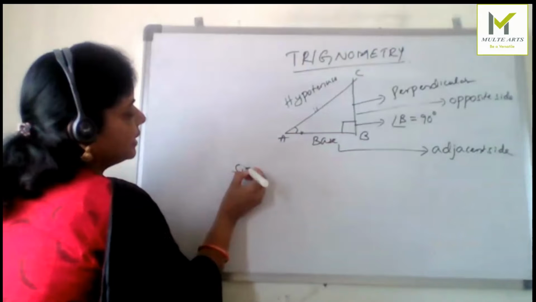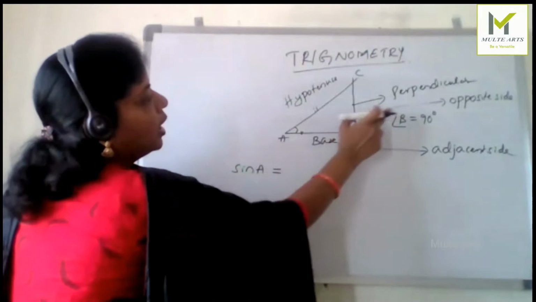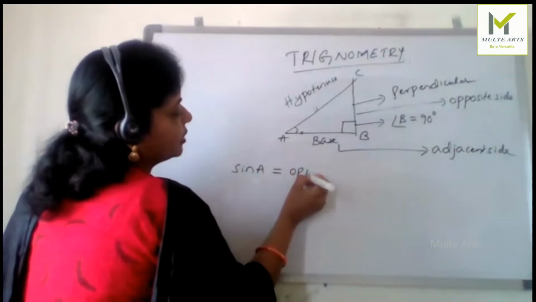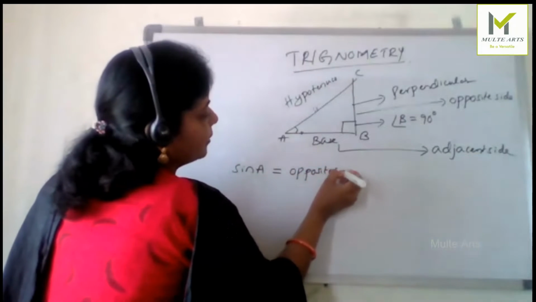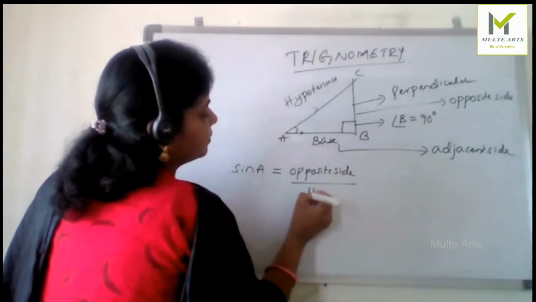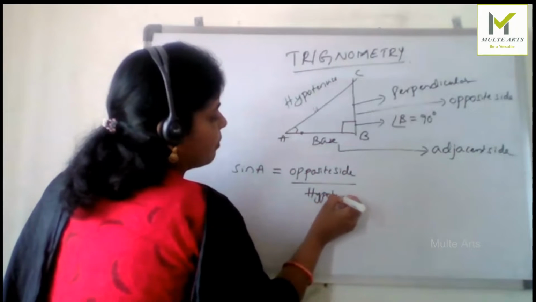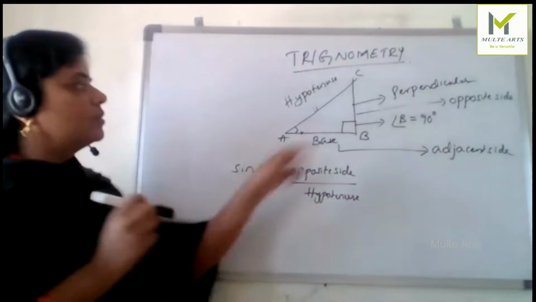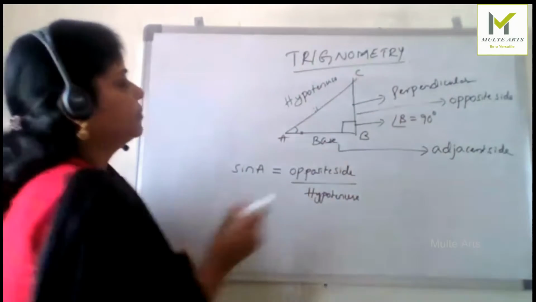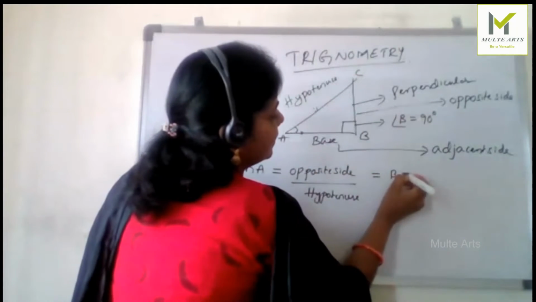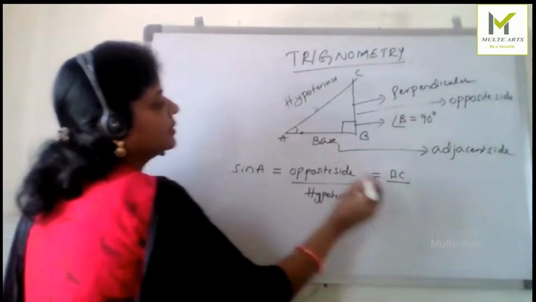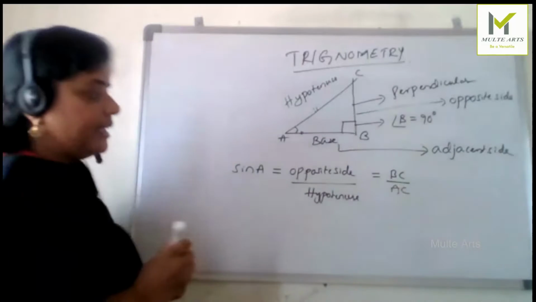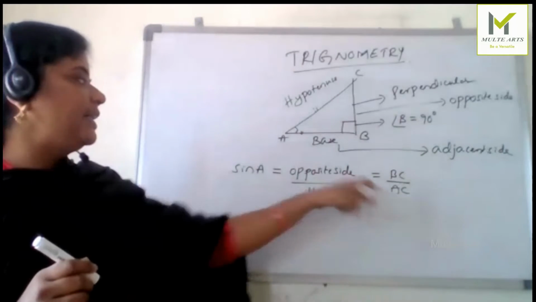So sine A is defined as opposite side by hypotenuse. Here the opposite side is BC and the hypotenuse is AC. So sine A is defined as BC by AC.